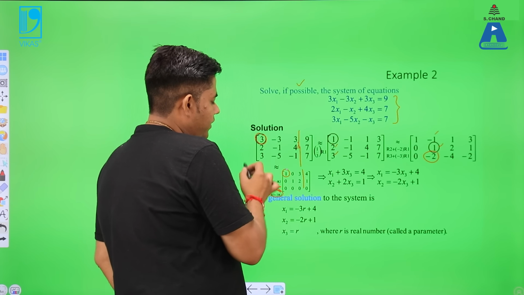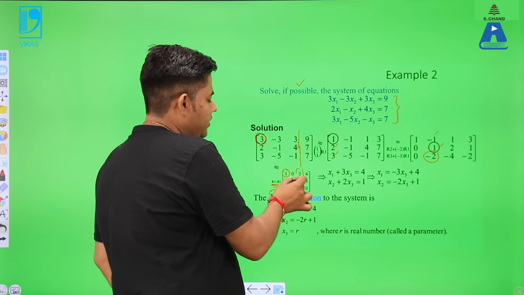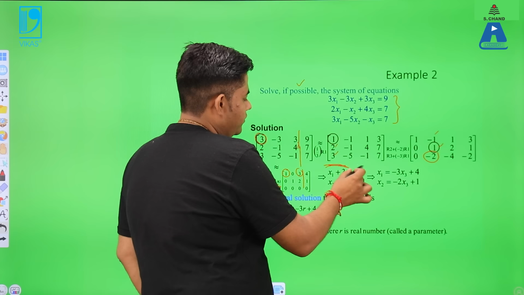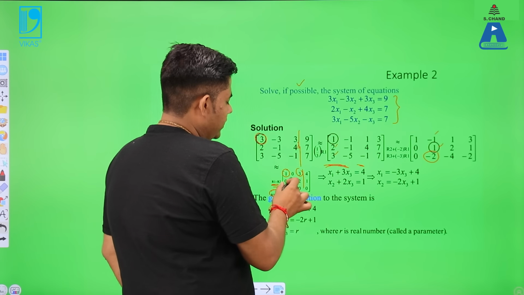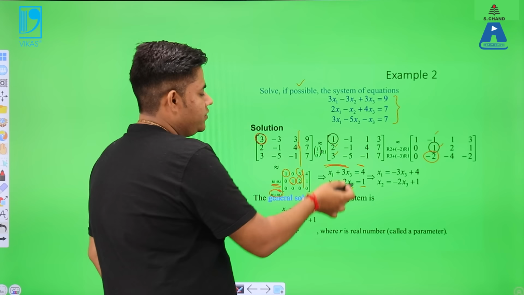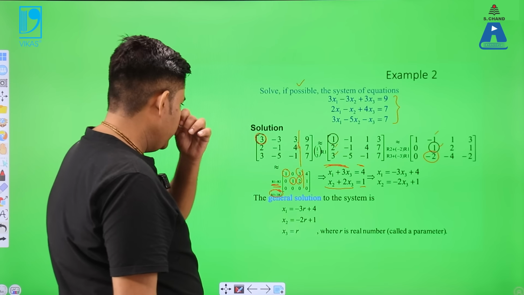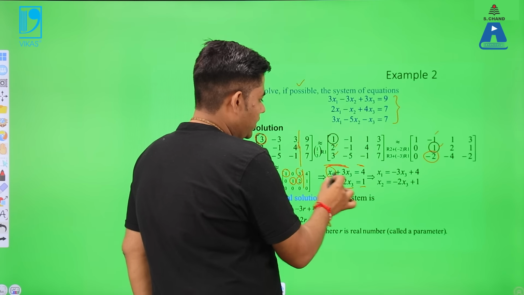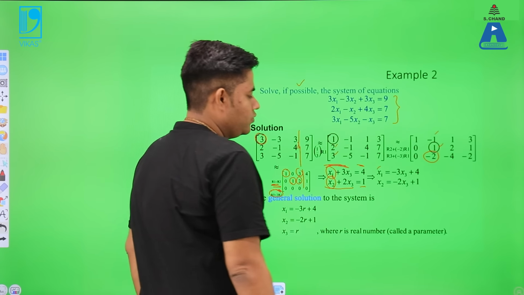We have x1 associated with this 1 and x3 associated with this 3. So I have x1 plus 3x3 equal to 4. Then I have x2 plus 2x3 equal to 1. So I have these two equations connected. From these two equations, I can easily find x1's value and x2's value.